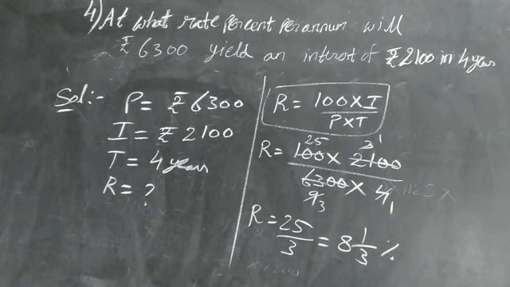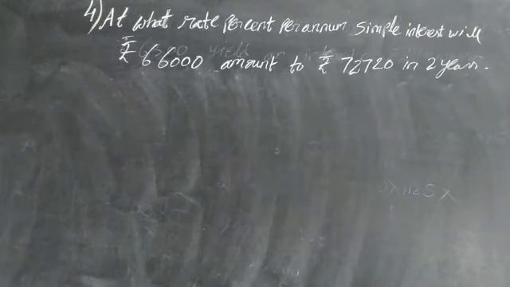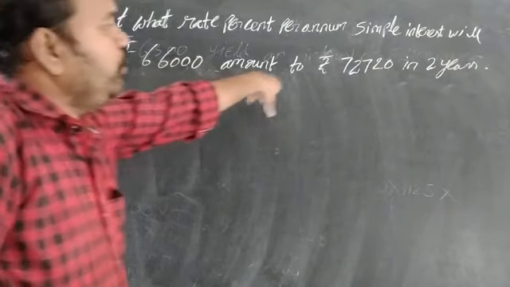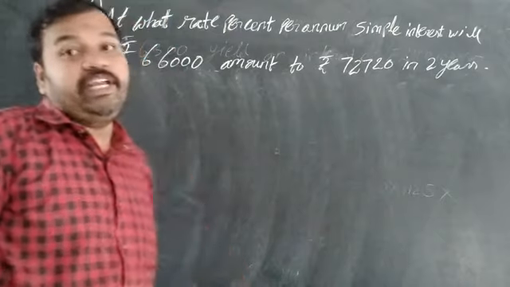This is about the sum. Take the next sum. At what rate percent per annum simple interest will rupees 66,000 amount to rupees 72,720 in 2 years?